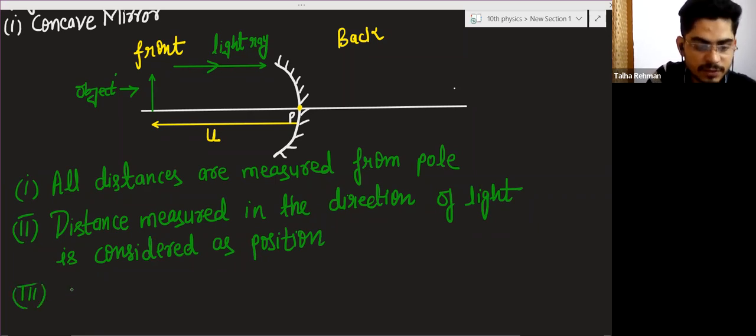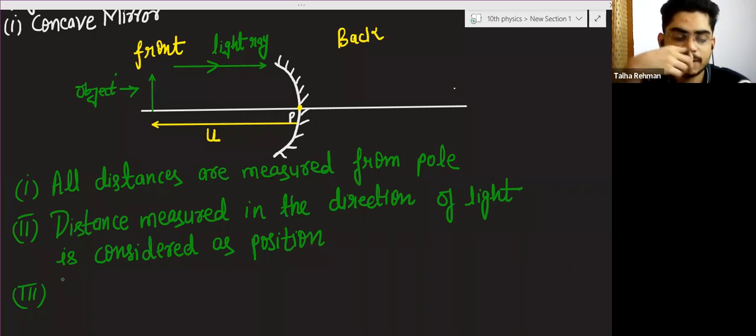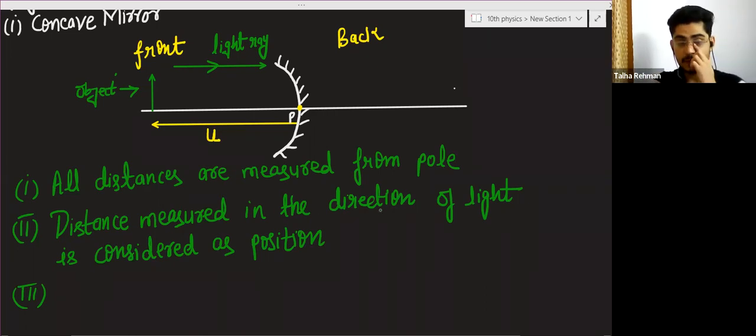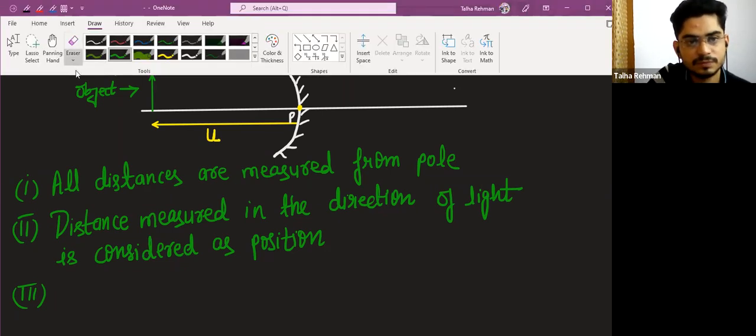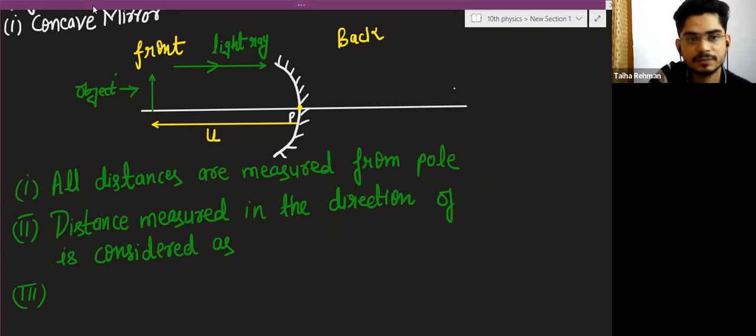And third point is, distance measured in the direction of light is considered as positive. In the direction of, you should write, incident light.